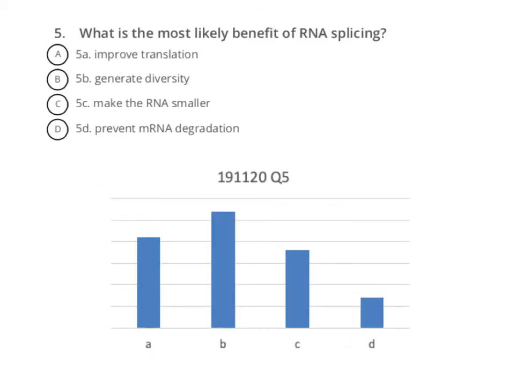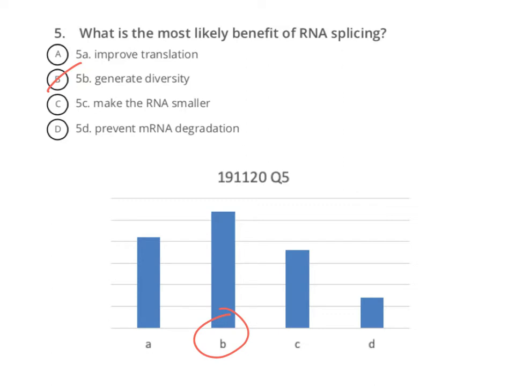What about splicing? Generates diversity. Option B. Does it make the RNA smaller? Yes. Does removing introns make a messenger RNA smaller? Yeah. But is that a benefit?